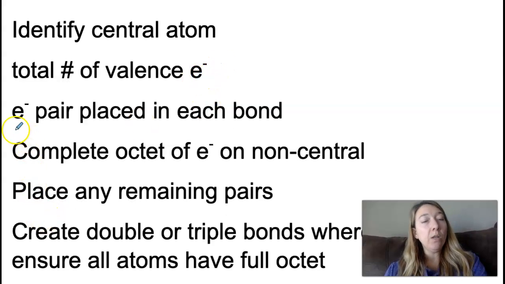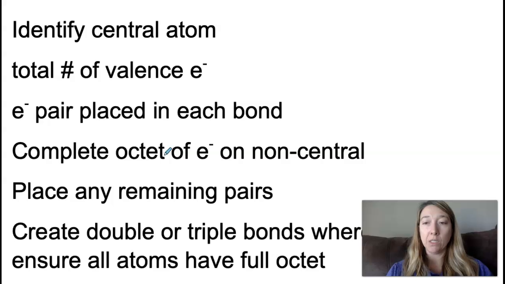So we are then going to go to our diagram and place an electron pair in each bond. Okay, so we start with singles everywhere. Then we are going to go to all our non-central atoms and fill them up. We're going to give them 6 more or 4 more, depending on how many things they're already attached to, and give them 8 electrons.